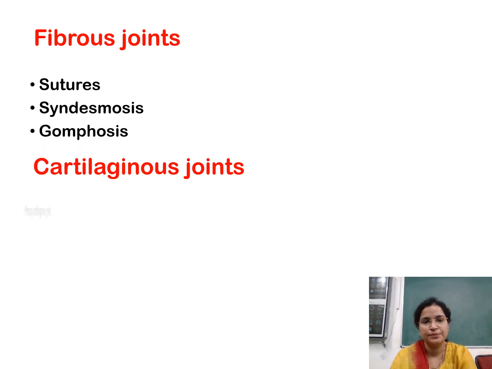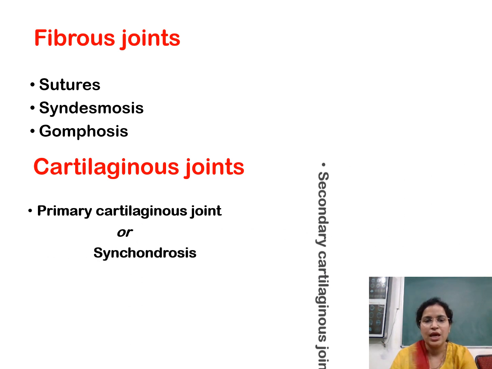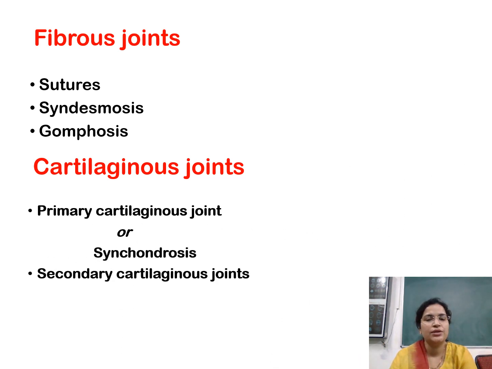Then there is the primary cartilaginous type of joint, also called synchondrosis, and the secondary cartilaginous type of joint, also called symphysis. So sutures, syndesmosis, gomphosis are fibrous joints, and primary and secondary cartilaginous joints are the cartilaginous joints.